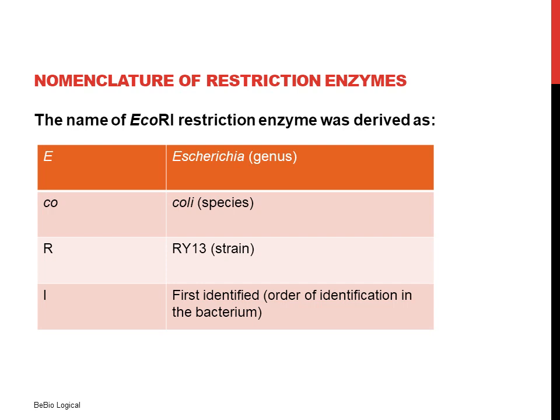We are taking only the first letter, that is R. Now, a Roman numeral to indicate the order in which different restriction modification systems were found in the same organism or strain. Here, I is the first identified, or the order of identification in the bacterium.